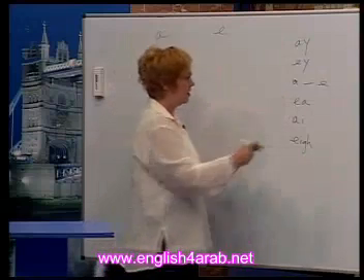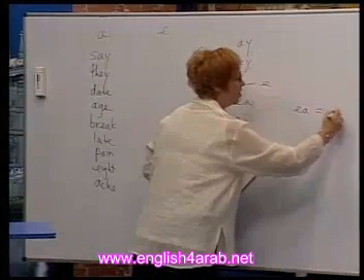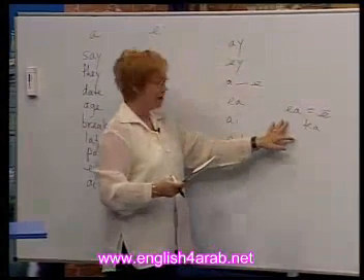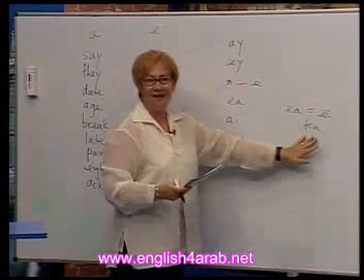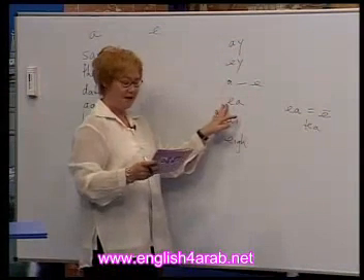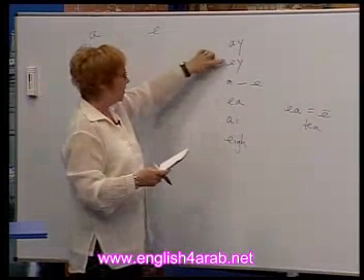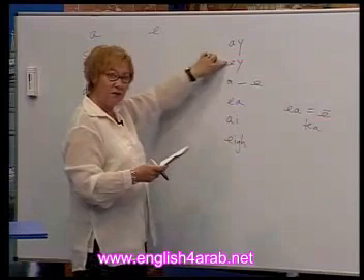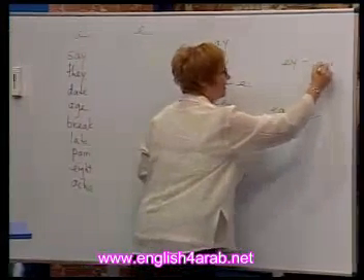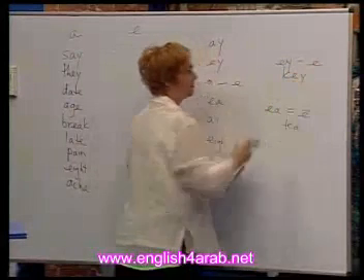We had long E, for example, tea. Okay? So sometimes EA is E, sometimes it is A, and sometimes another. Now, we saw EY also before, but before we saw it as an E sound, like key.